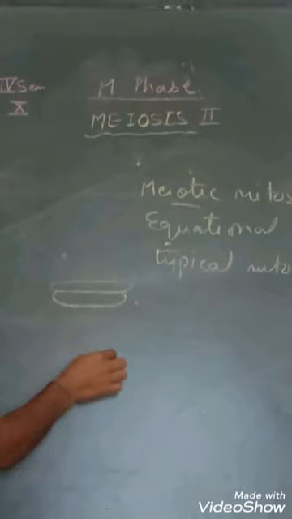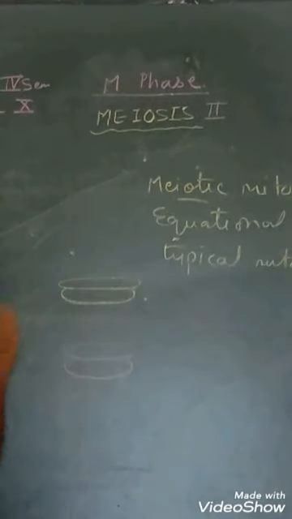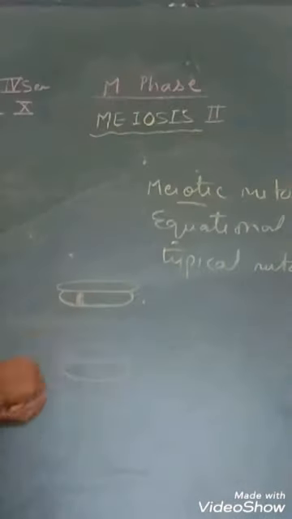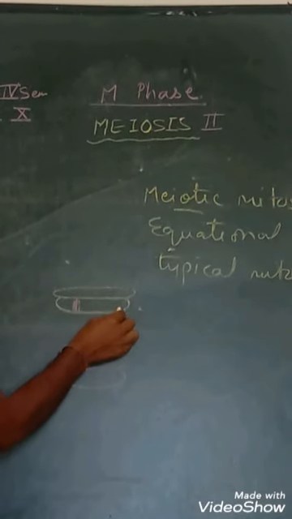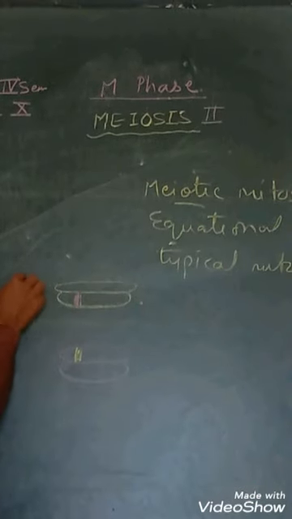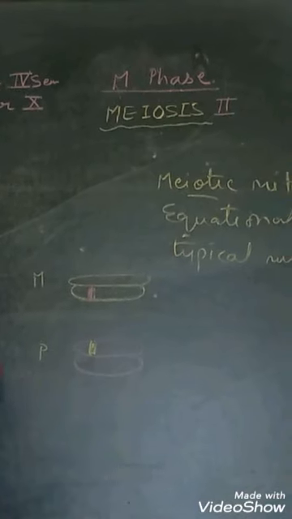Now this was the condition that we obtained after meiosis 1. Parental arm, recombinant arm and paternal arm. One was the maternal chromosome and another was the paternal chromosome.